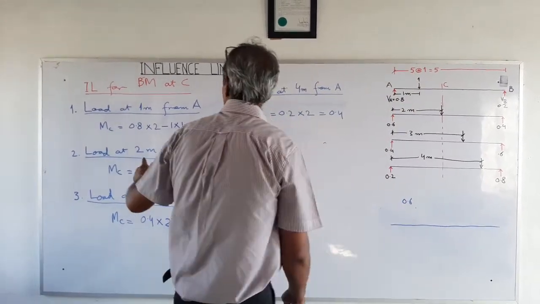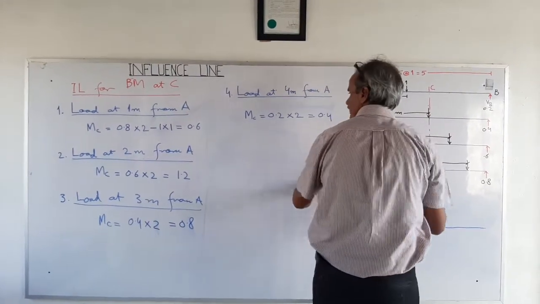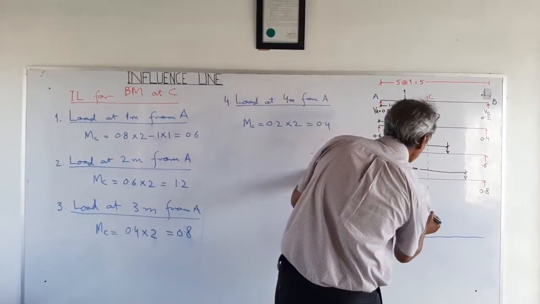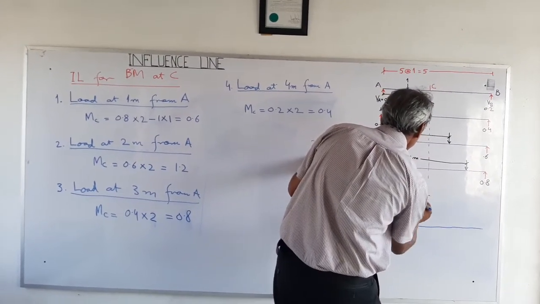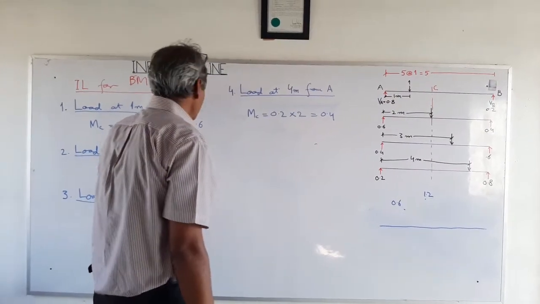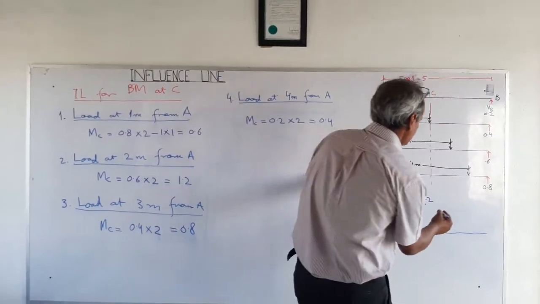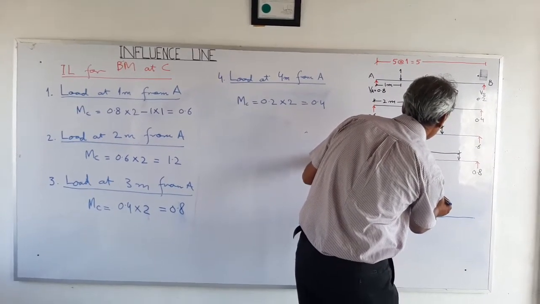When load moved onto the 2 meter interval, over here the value was 1.2. When load moved at 3 meters, the value was 0.8.